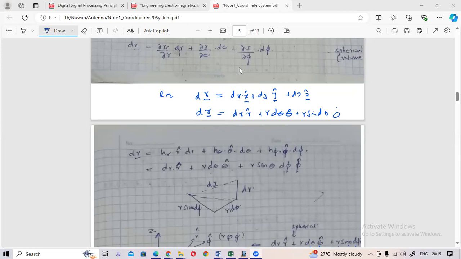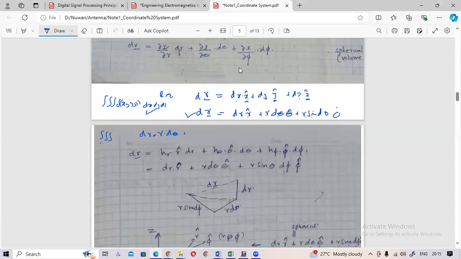Now in this case, x y z came directly, dx dy dz came directly from x y z. If you have an x, y, z function, you can directly get dx, dy, dz, no issue. But if you consider this one, this is spherical. If you want to get the unit one, r hat is related with dr, so no issue, dr. But d theta is related with r, so r is there, r d theta.